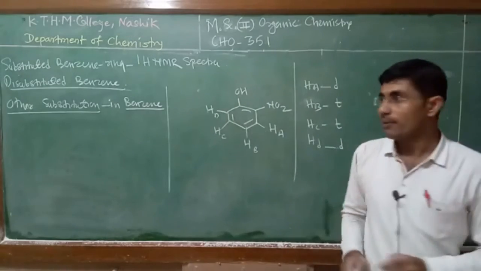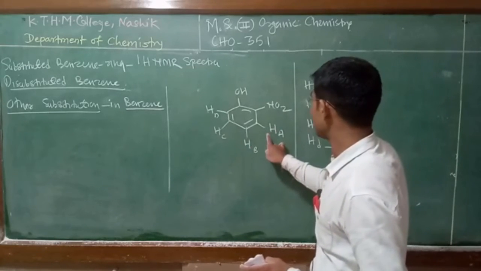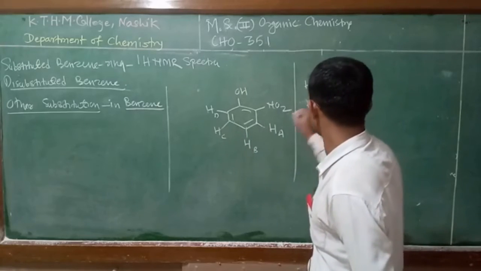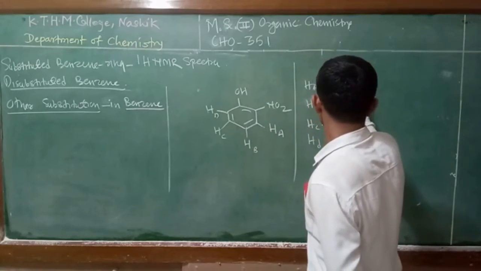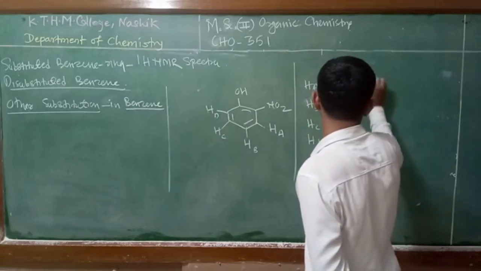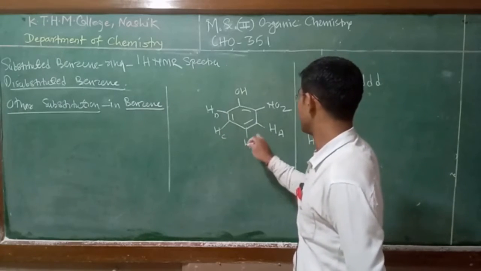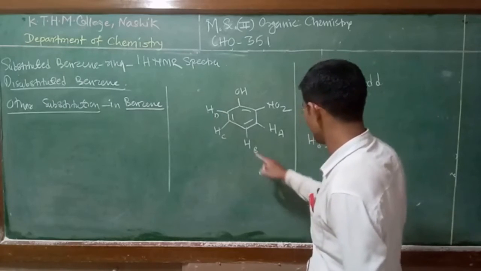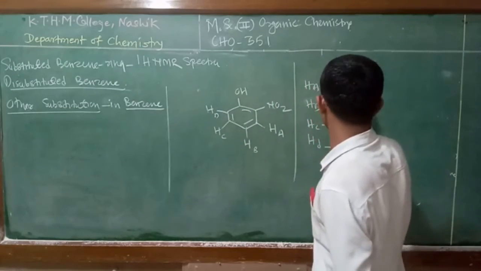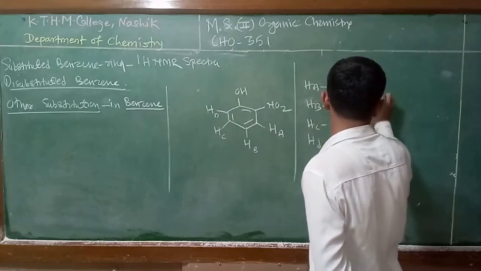If you ignore the meta and para coupling, but suppose you consider the meta and para coupling, in that situation we observe for Ha a doublet of doublet of doublets. For Hb we can write a doublet of doublet of doublets, meaning Hb is coupled with Ha and Hc with different coupling constants.